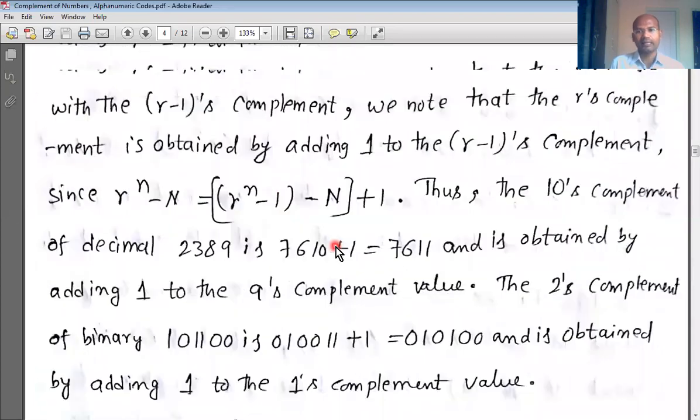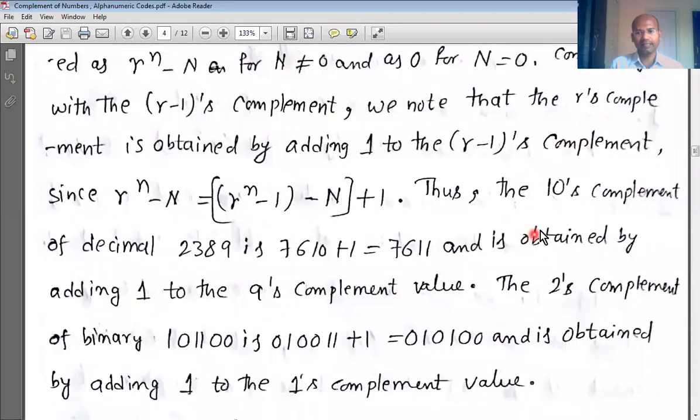See, in the tens complement, if you want to find out the tens complement of the decimal number 2389, the method is this: find out how many digits there are. 1, 2, 3, 4. There are 4 digits in this number.